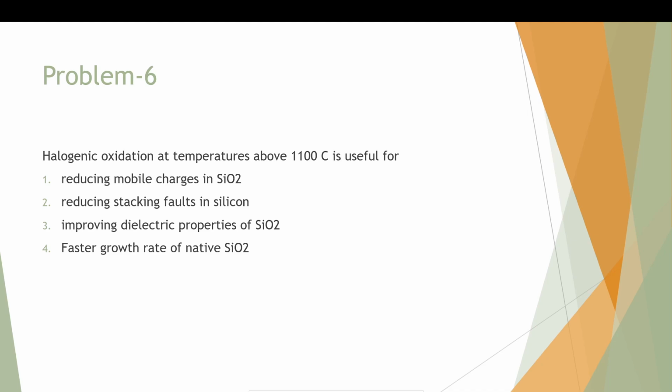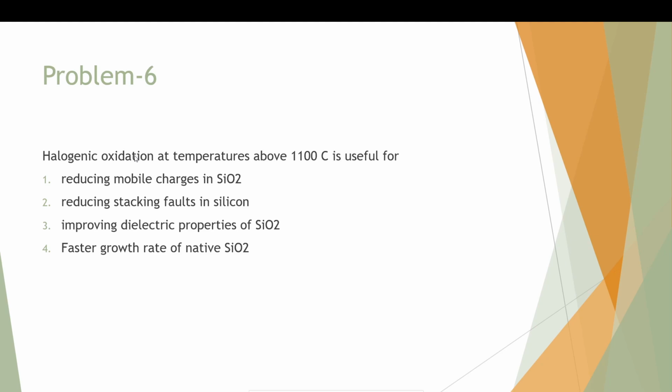So it will also start to diffuse into the SiO2, and that will result in formation of silicon interstitials, and that causes these stacking faults. So when I now remove this SiO2, I will see some kind of ridges on the silicon surface. So the silicon surface won't be smooth anymore even when the SiO2 is removed. That is the stacking faults, and that can be reduced because of this halogenic oxidation.